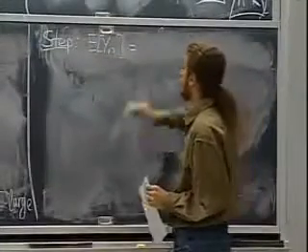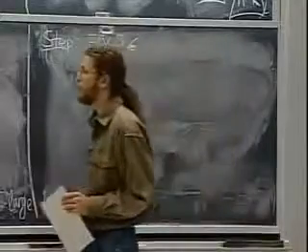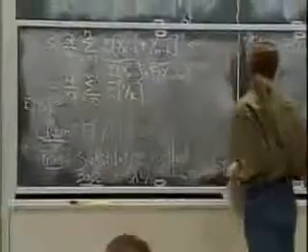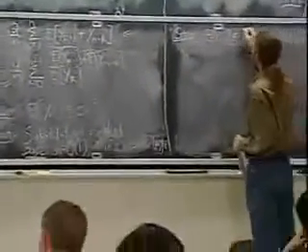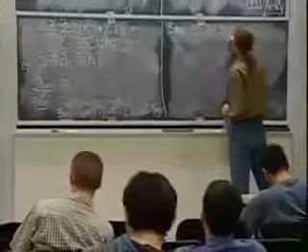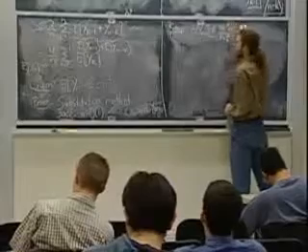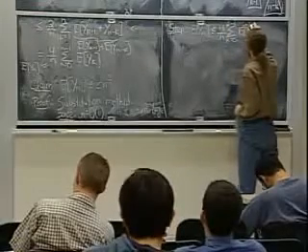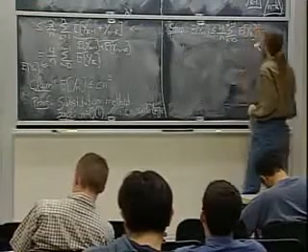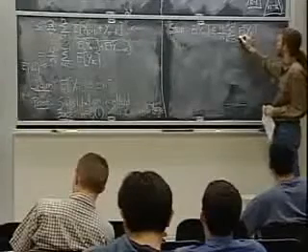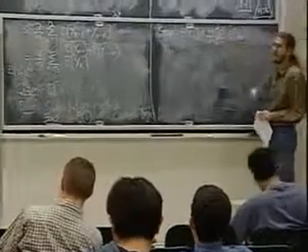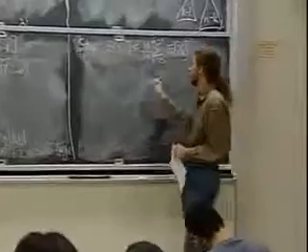Now we have this recurrence that E of Yn is at most this thing. So E of Yn is at most 4 over n sum k equals 0 to n minus 1 of E of Yk. Now notice that k is always smaller than n, so we can apply induction.